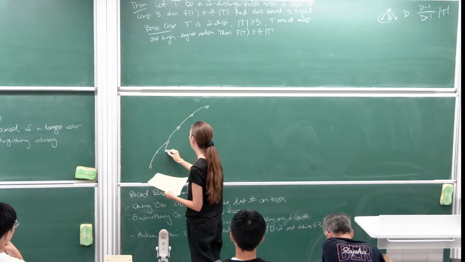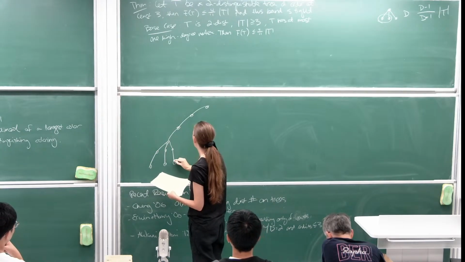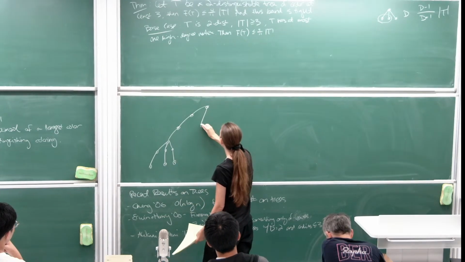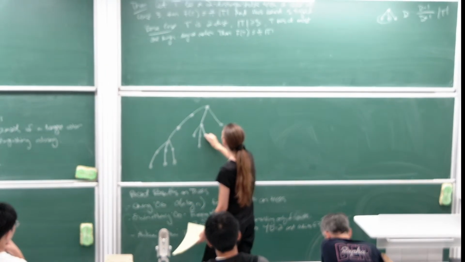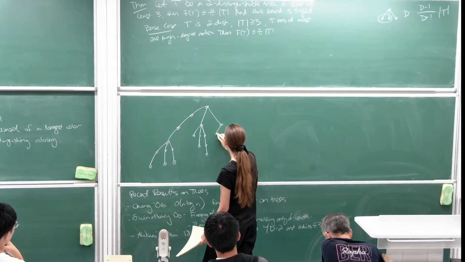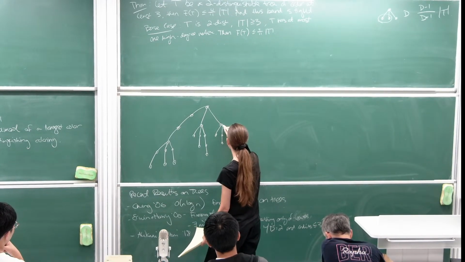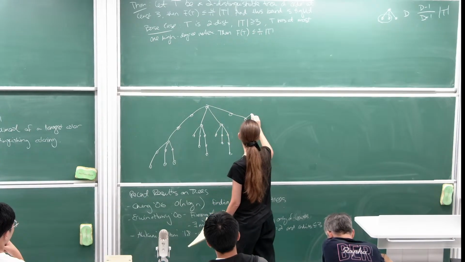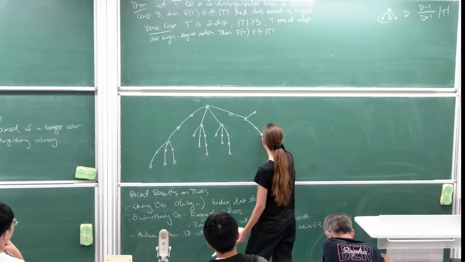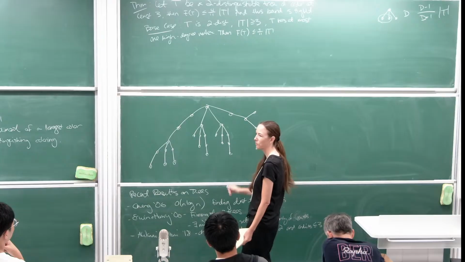So maybe I have something like this. Okay. And then maybe one thing that can happen is you can have these sort of asymmetric pieces in here that you need to worry about.